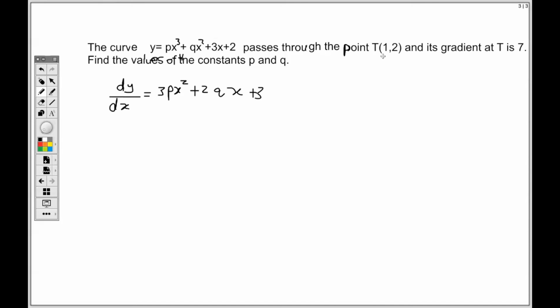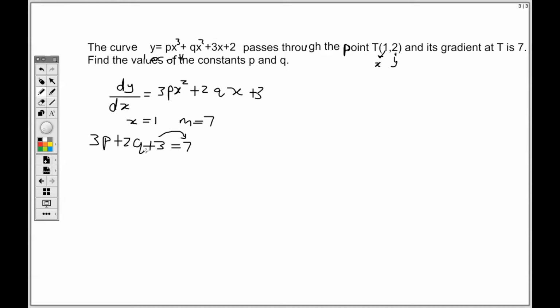We also have x is 1, and this is our y. So I can replace x to be 1 and equate it to be equal to 7 because the gradient is 7. So replacing x to be 1, so the x will disappear, so I will have 3p plus 2q plus 3 equals 7.